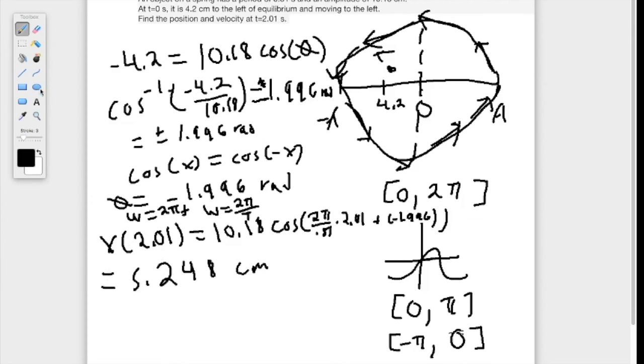So now we could do one of two things. We could either use conservation of energy, or we can solve it with calculus. But I'm going to personally use conservation of energy.